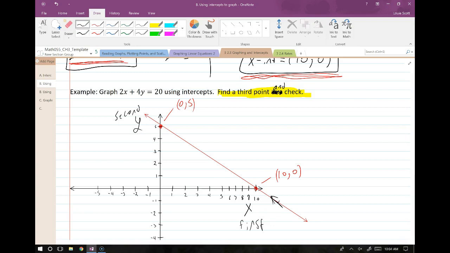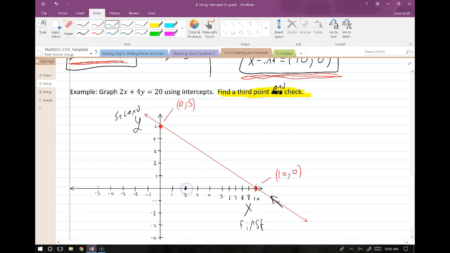Let's see now. The point that I think we should probably try and find, let's go with, how about 2? And I'm only saying 2 just because it looks like with 2 I can get a very close estimate here.